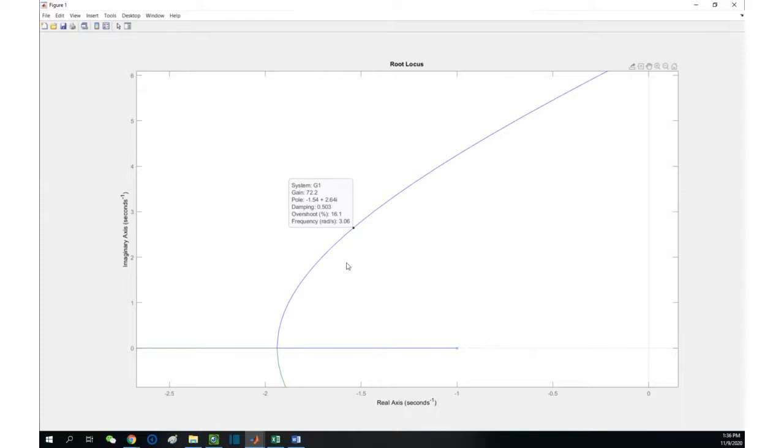This is question 1. Find the corresponding closed loop poles. Negative 1.54 plus and minus 2.64j. Remember minus, because they are conjugate poles, right? And question 3 is asking for the damping ratio. So what's the damping ratio here? It's also labeled, right?